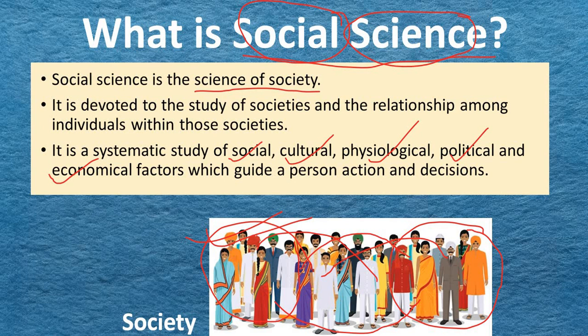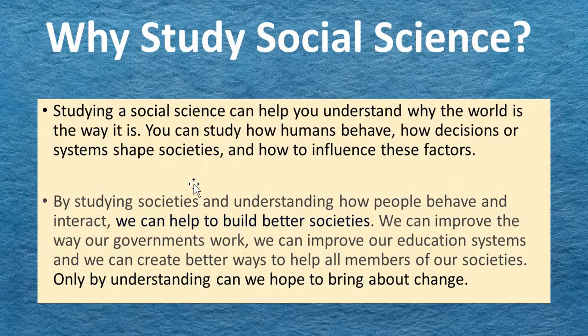Okay, so I have talked about what is social science, again importance of social science. Let me talk about this a little bit more. So what is the reason for studying social science again? So as I was telling you just some time back, studying social science can help us understand why the world is how it is, the way it is. Okay, you can study how humans behave, how decisions or systems shape our society.